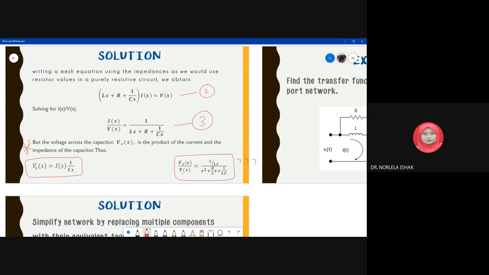Who can share how to get VC over Vi from equation 3?